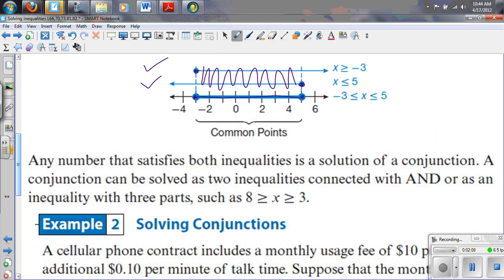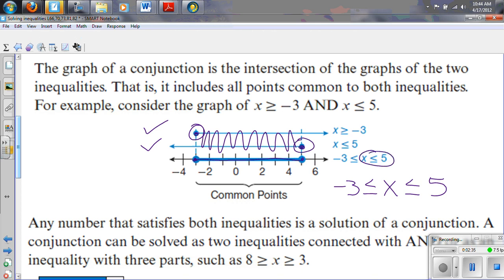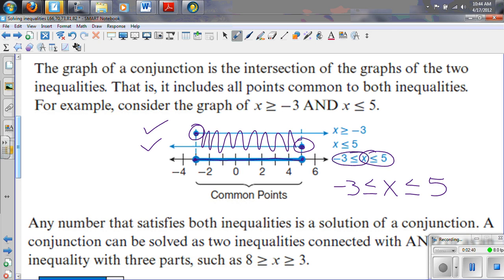We could do that with this equation up here, and we would start with the low point, which is -3, and -3 is less than or equal to x, which is in turn less than or equal to the top number, which is 5. So there's our -3 and our 5, and you can see here is the part, and here is the other part. So there's two parts to that, and they're basically crossing them.